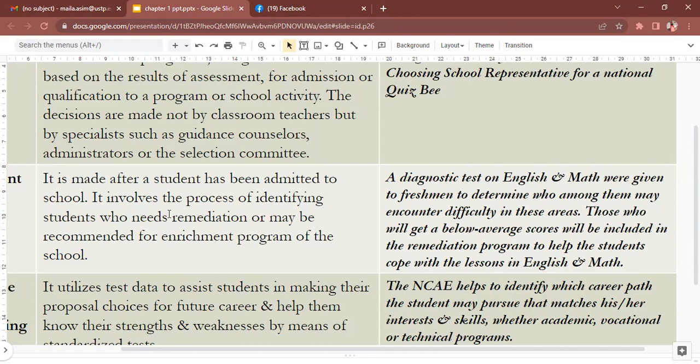Why? Because those who get below average scores will be included in the remediation program. So the school will take action to help these students who are weak in those areas. So, that is called placement.